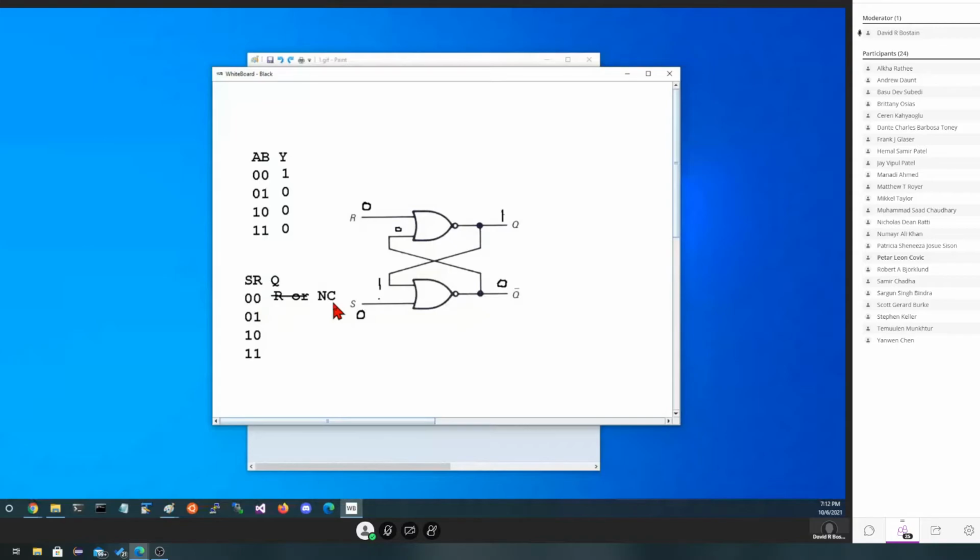Now let's see what happens if we make set a 0 and reset a 1. Let me erase the ones that are here. So we're going to say set's a 0, reset is a 1. Okay, well, let's see what happens here. One of the things we know is that since these have to be opposite each other, Q and not Q always have to be opposite. One of the two has to be a 1.